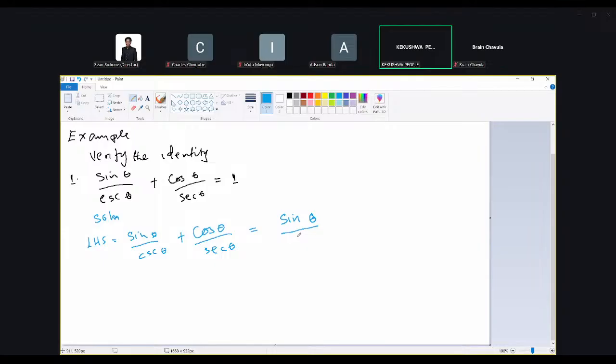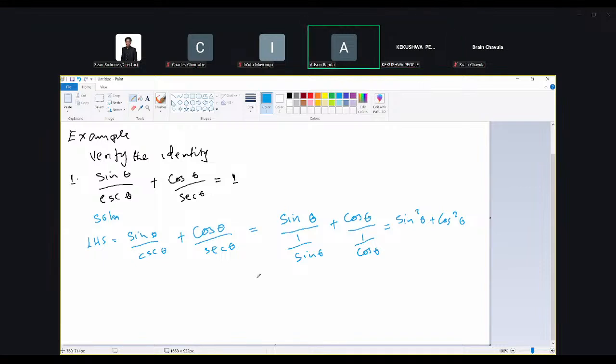Cosec theta is 1 over sine theta. That's what we know by definition. And then you have cos theta divided by sec theta. Sec theta is 1 over the cosine of theta. So now you can see that this just gives us sine squared theta plus cosine squared theta.